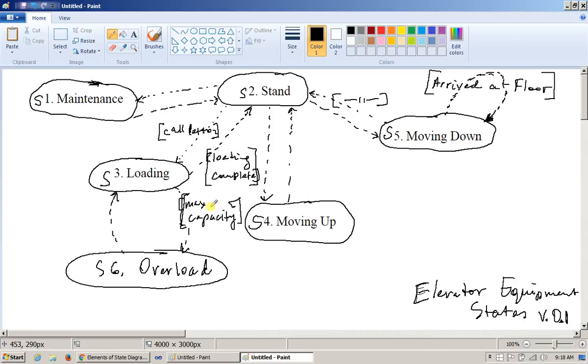For instance, when we move from standing to loading, our action would be open the doors. When we move from loading to standing, it's close the doors, right? Because that action is inevitable. We definitely want that action to be performed. Otherwise, we would go to a bad state. You cannot be standing with open doors.